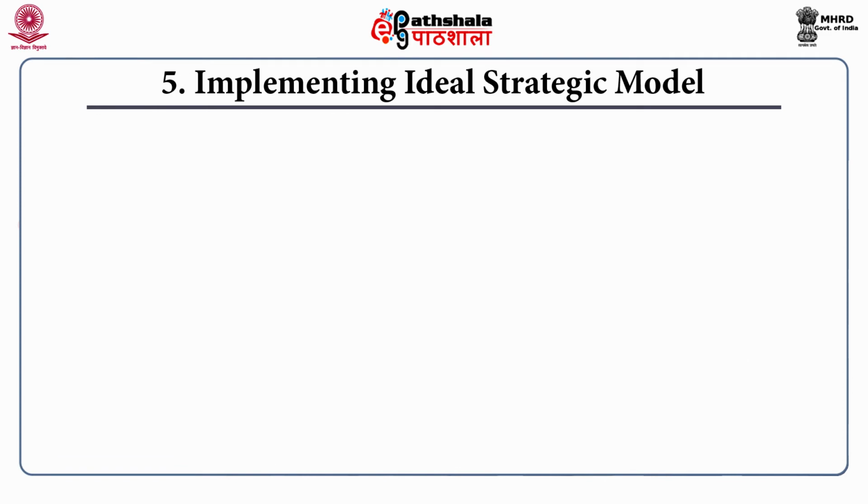Implementing the ideal strategic model. The way in which an ideal strategic model is implemented determines the success of grid organization development in the organization. The grid organization development program has an implementation model that can be adapted to any organization.